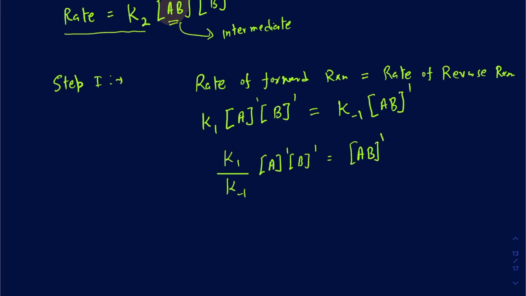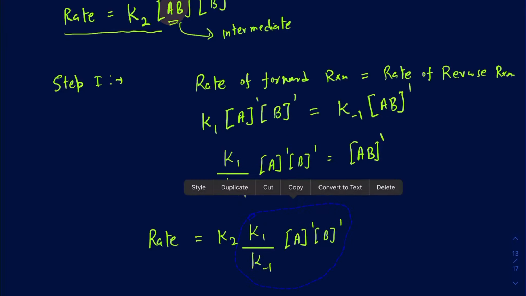So if I go back and substitute this AB into the first equation, the rate law expression that we have written down, it's going to be rate equals K2. And then for the AB, I'm going to plug in K1 over K minus 1 times A times B. I can probably just copy this down for the sake of time. I'm just going to plug this right in here because that's being placed in place of AB.